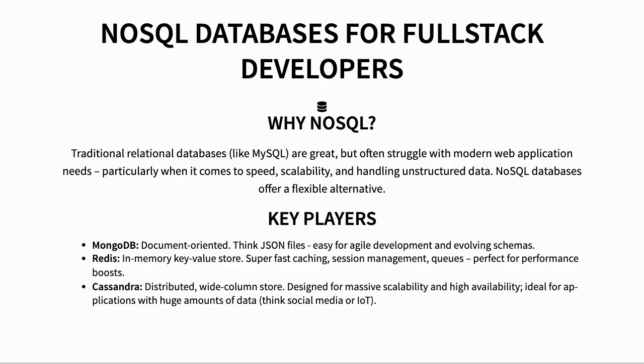MongoDB is like storing your data in JSON files, super easy to work with if you're building something quickly. Then there's Redis, which acts like a really fast memory bank for your app. It's fantastic for things like caching or managing user sessions. And finally, Cassandra is built to handle massive amounts of data and keep everything running smoothly even when the load gets huge. Think about apps with millions of users.